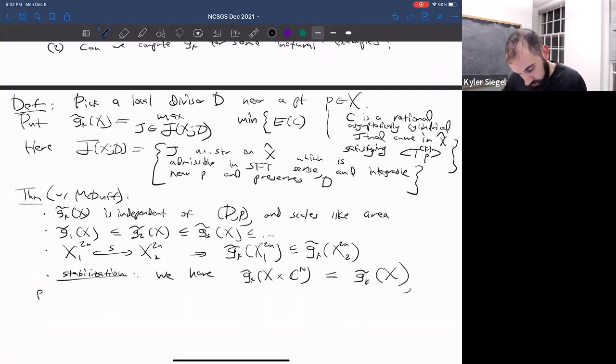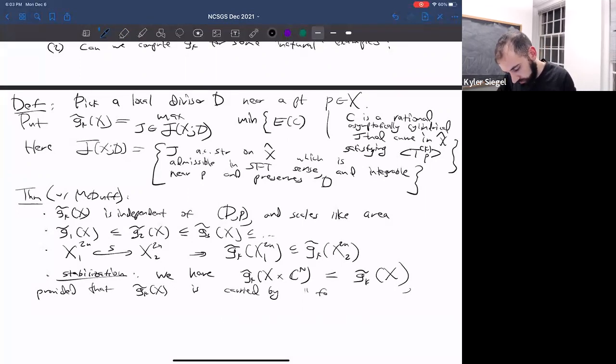Stabilization holds provided that the kth capacity of X is carried by what I call a formally perturbation invariant moduli space.